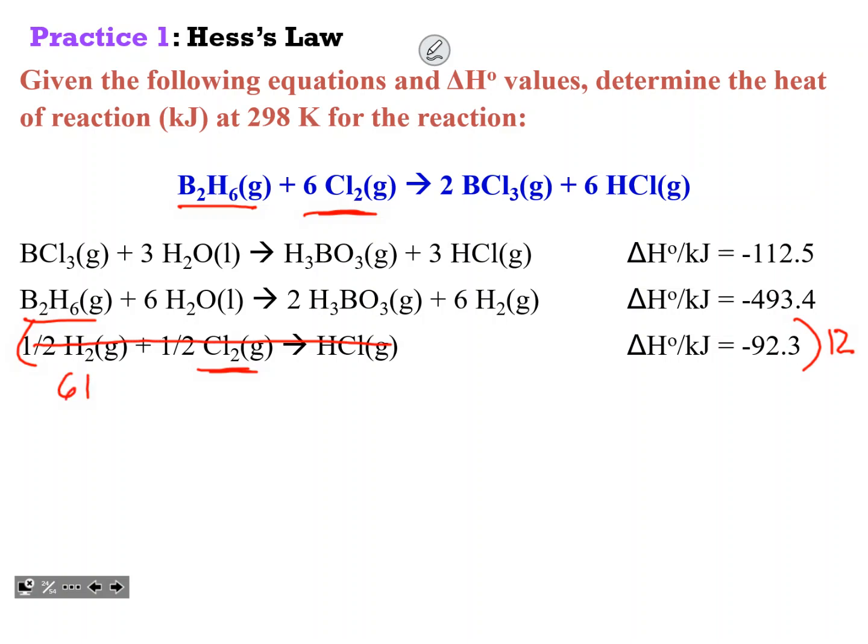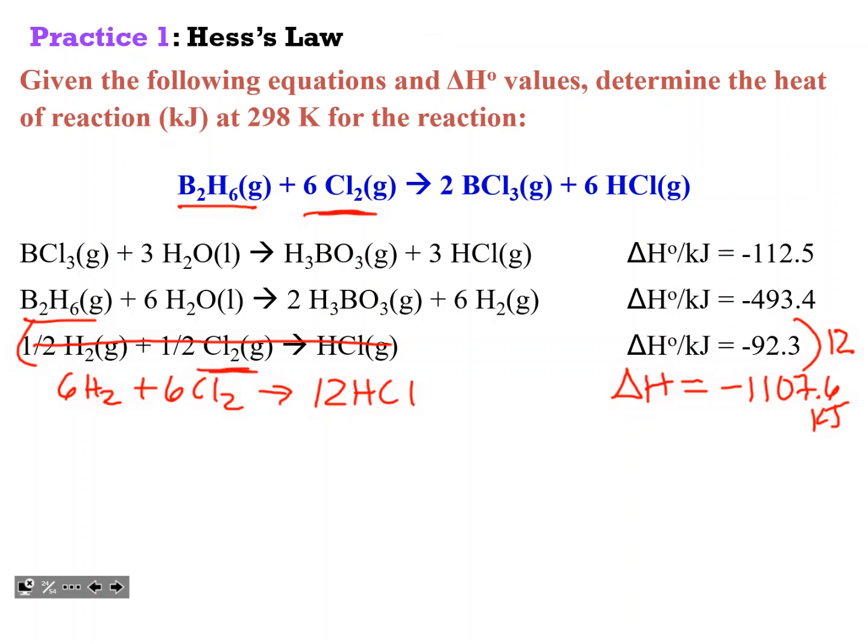And this is going to be 6H2 plus 6Cl2 gives me 12HCl. And then what is the new delta H for this one where we multiply by 12? Anybody get that? 1107.6. Thank you. All right, very good.